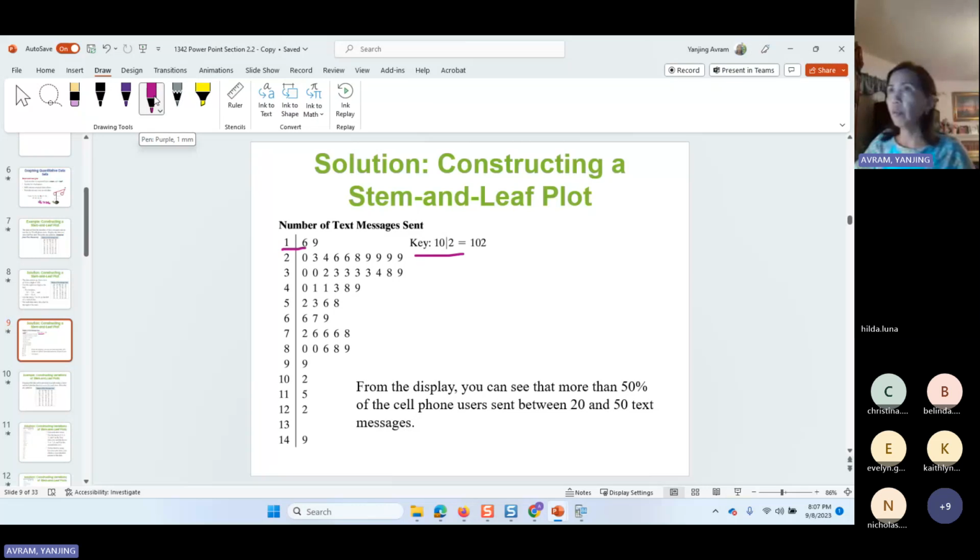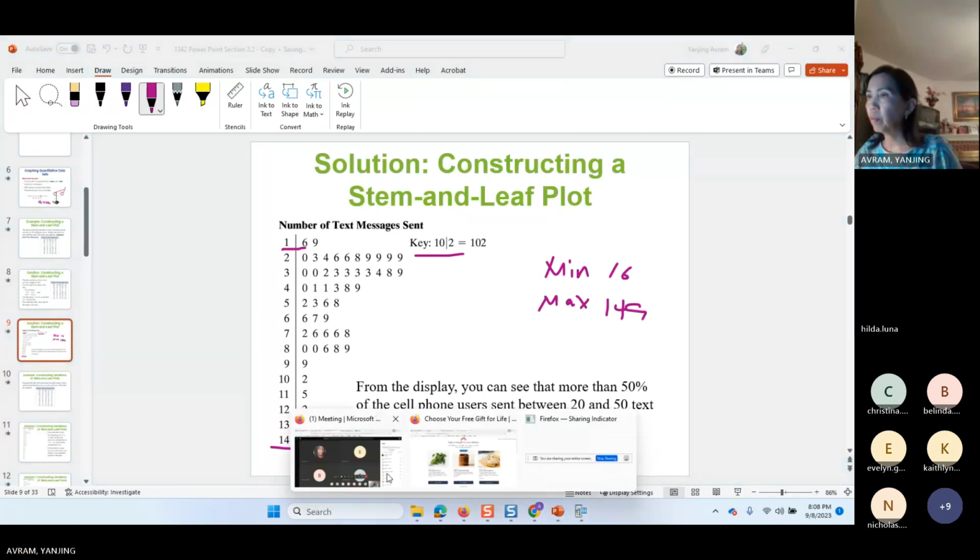So the first number here means the minimum, and the minimum here will be 16. And then you can see the last number will be the maximum, so the maximum number here will be 149. So that is what you can see from here.